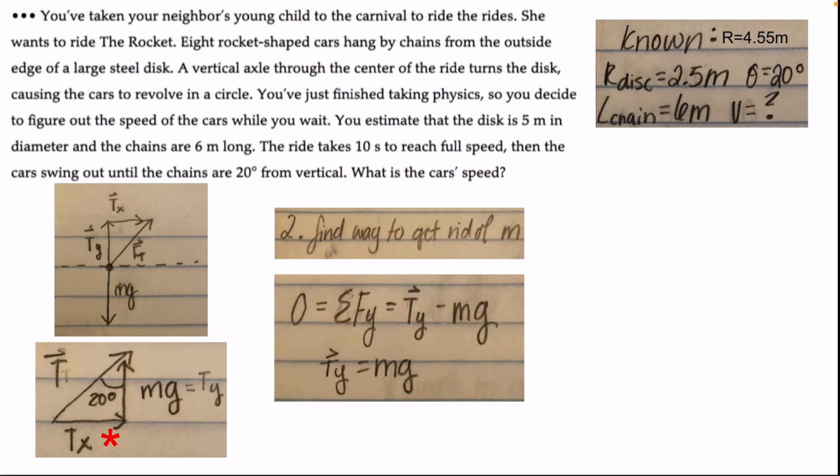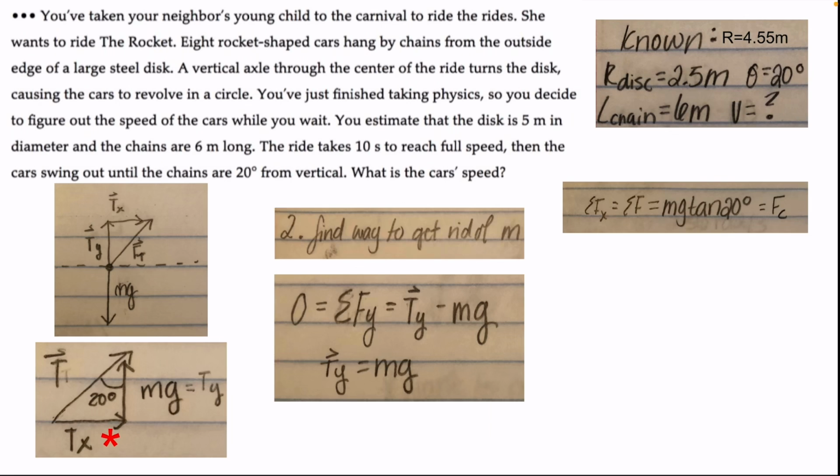So with that information, we know that tension in the y direction is equivalent to mg, and still using that 20 degrees, we can use trig once again to solve for what that net force is going to be, that T sub x.